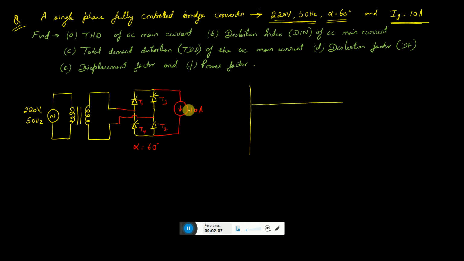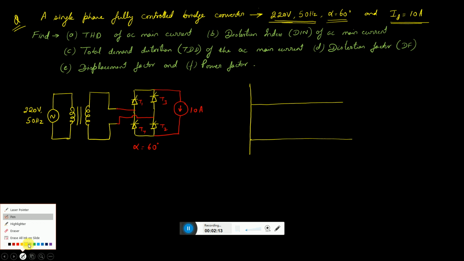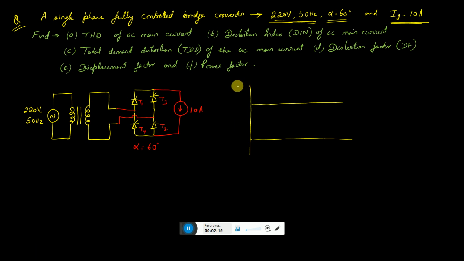Now here the output current is given, and I would like to draw the output current and the input current both together. So if I draw ID as the output current, it is a straight line of 10 ampere.